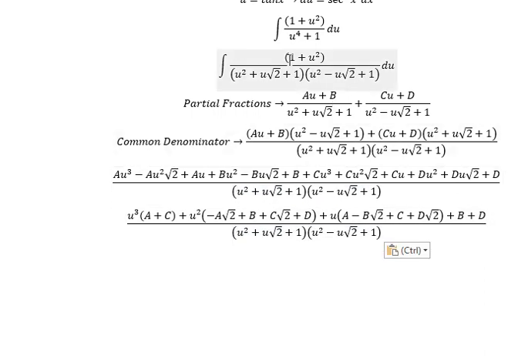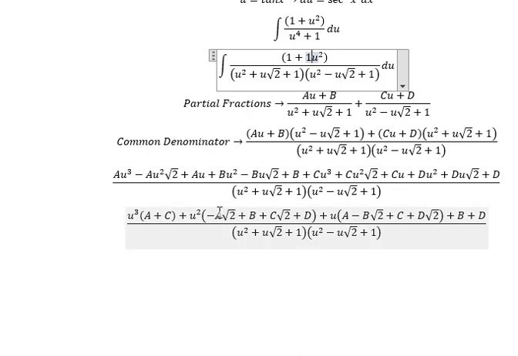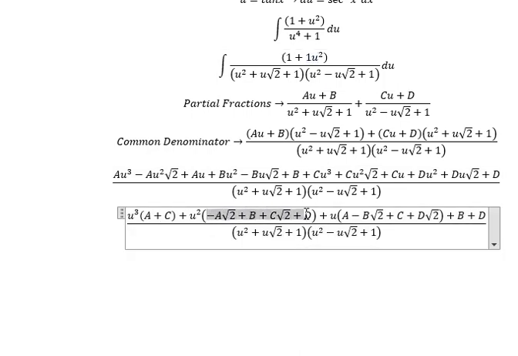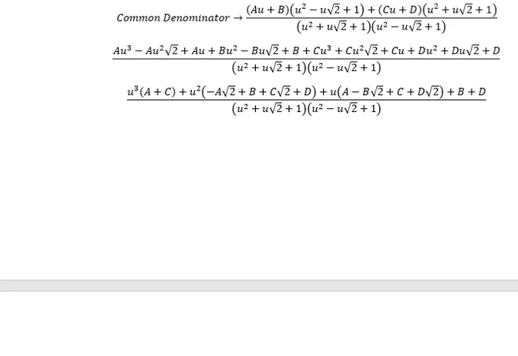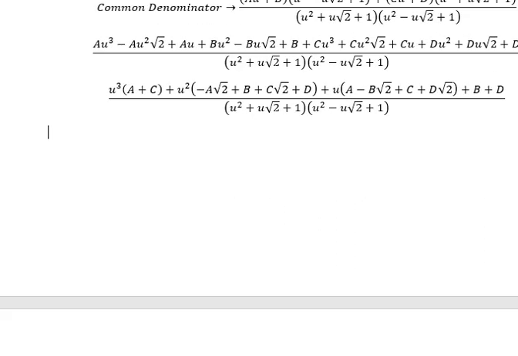So we have number 1, and the coefficient of u squared is number 1. So this one equals 1 and this one equals 1. We don't have u and u to the power of 3, so this one and this one equal number 0. And now we create the system of equations.